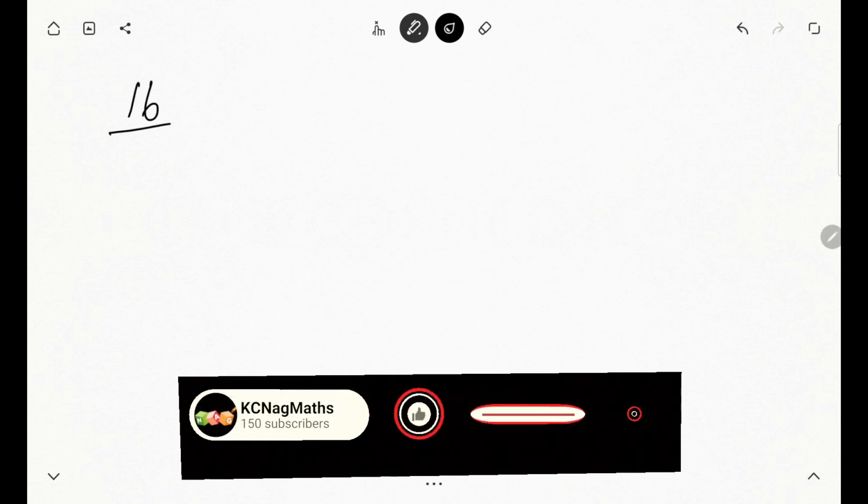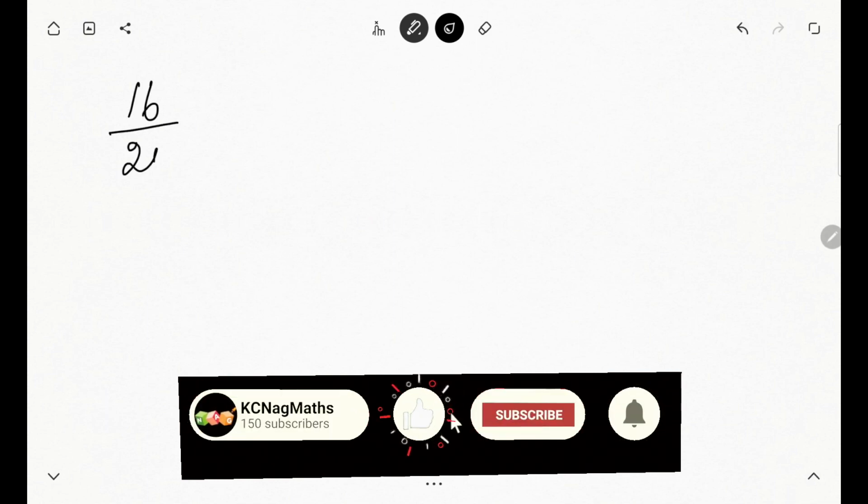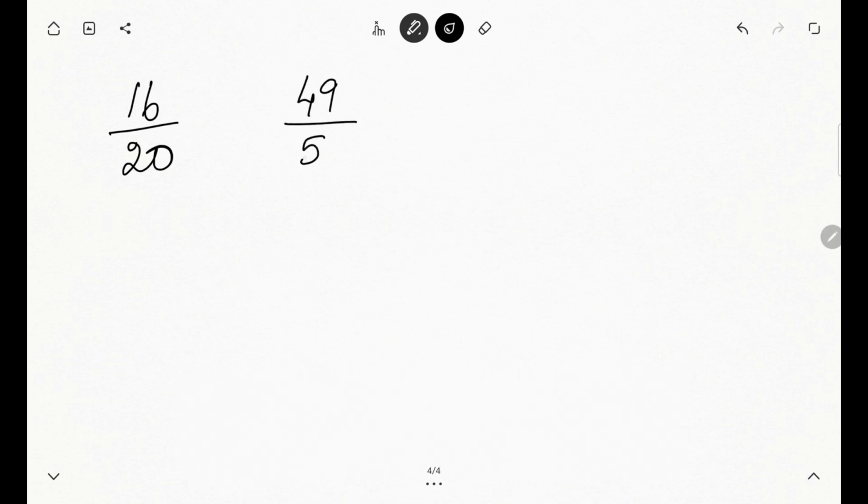Let us take one more example. Suppose we have the fractions 16 by 20, 49 by 54, 10 by 18 and 82 by 84. Now we are asked to arrange these in ascending order.